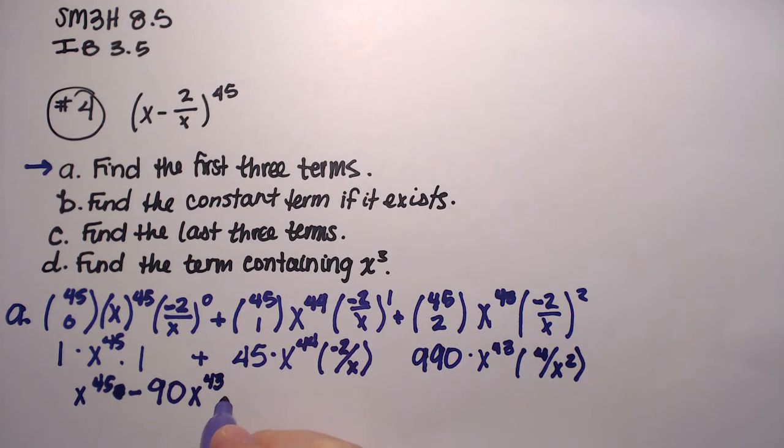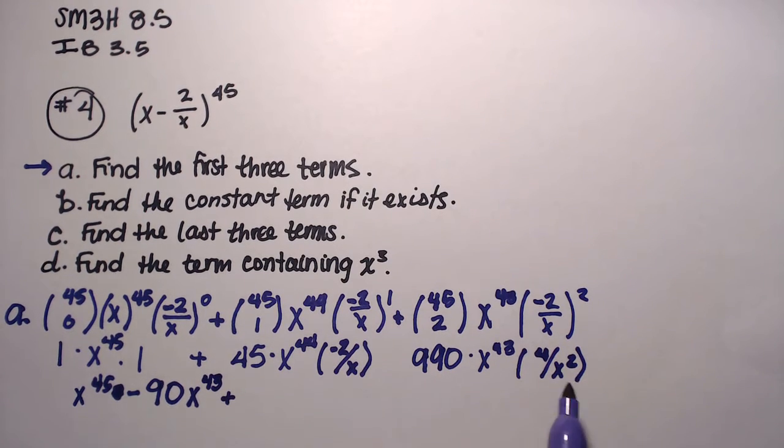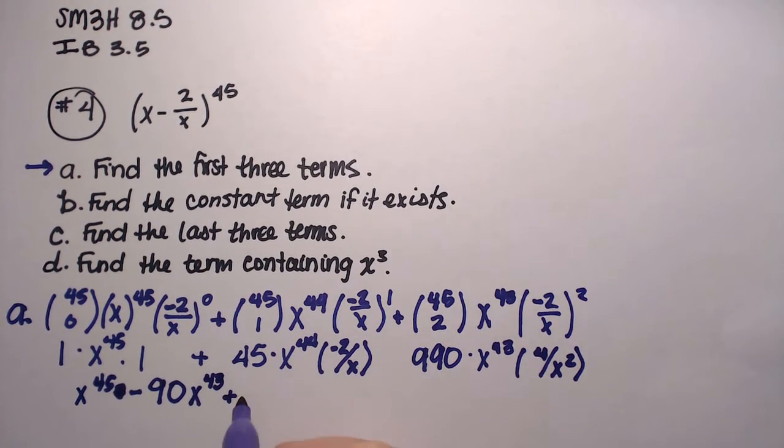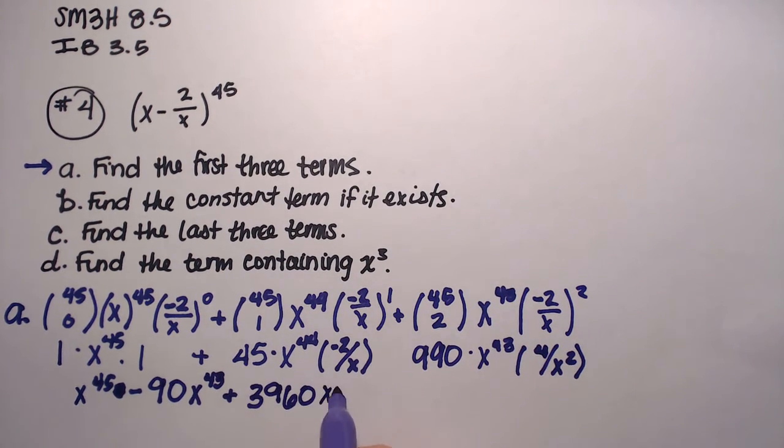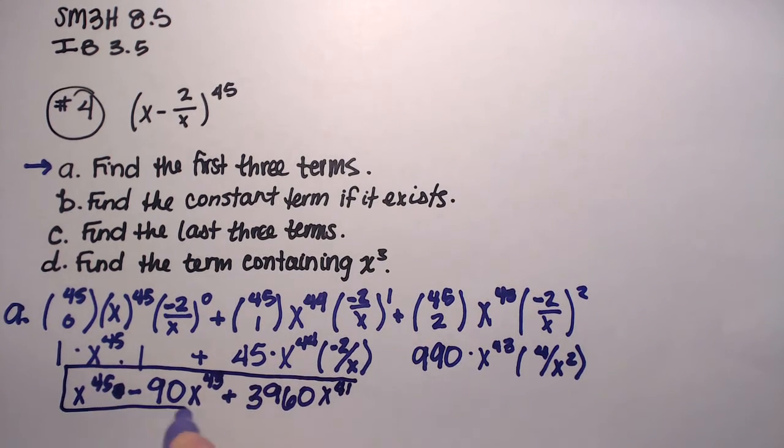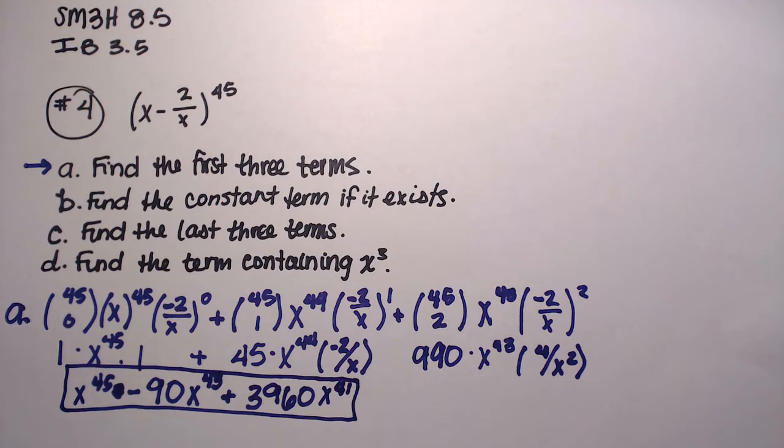And then I'm going to take 990 times 4, which is 3,960. And then I have x to the 43rd divided by x squared. So that's going to be x to the 41st. So those are my first 3 terms.